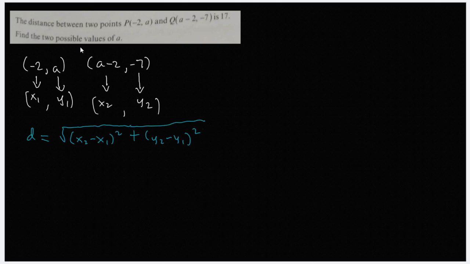We can state that this will be equal to 17, because the given value of the result is 17.